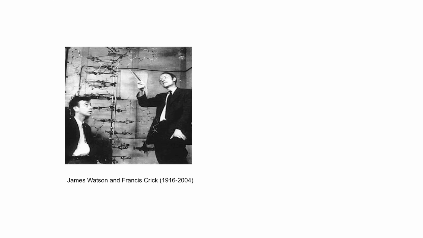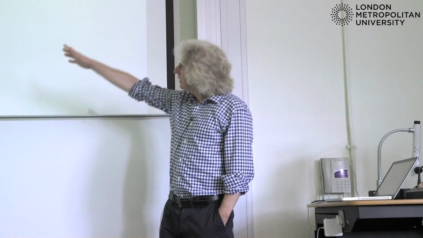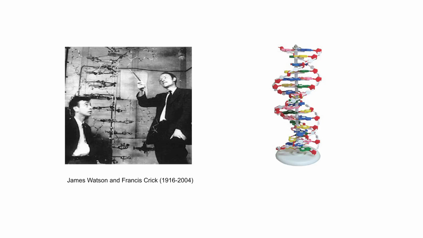Well, it was a couple of scientists. One was the physics-trained Francis Crick, and James Watson, who were intrigued by this and started building models to try and explain it. They found the best 3-dimensional model that could give rise to that X pattern in essentially a 2-dimensional photograph was a double helix.